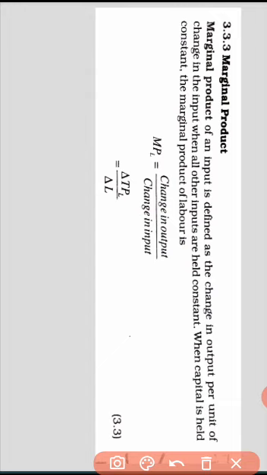That's why we take the change in input here. For example, if in one industry one day you produce 10 commodities and the second day you produce 5 commodities, there will be no changes in the capital; the building will remain constant.